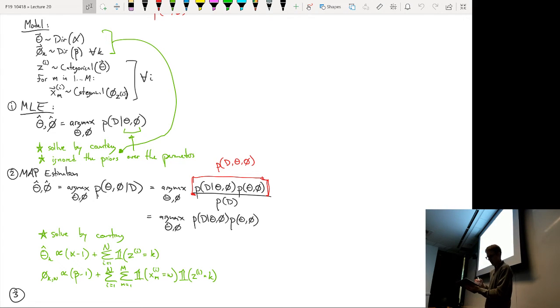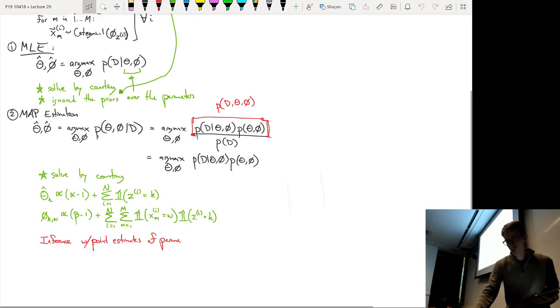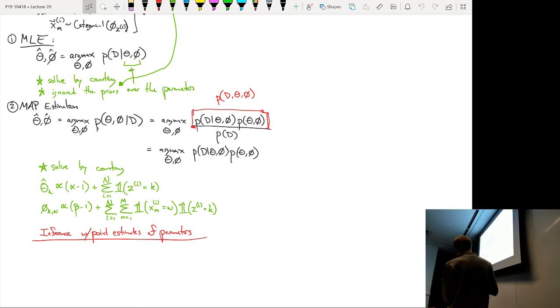Let me make one more statement here, which is, if we wanted to do inference with these point estimates of the parameters, then what we mean is, suppose you're given a new x.